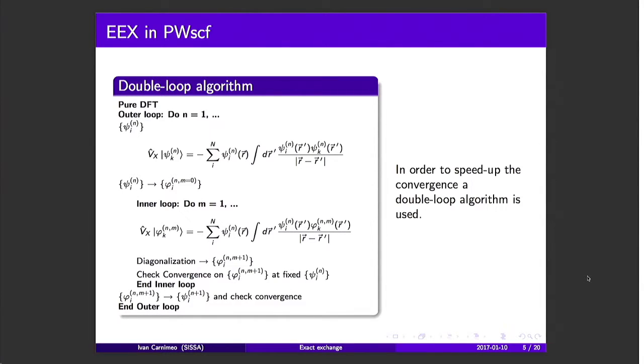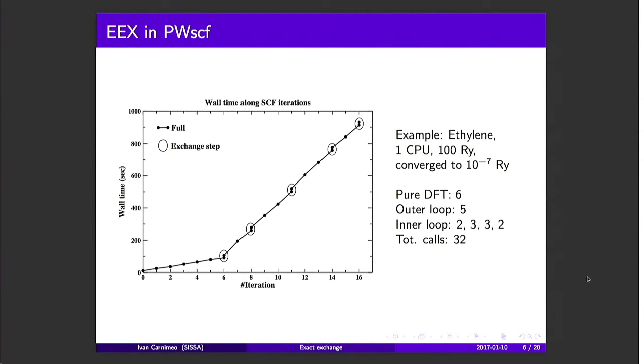So the number of times we have to call the subroutine which makes the exchange potential is more than just the sum of outer and inner loop, because we need to assemble the exchange potential when we want to evaluate the energies, so in the outer and in the inner loop, but also in the diagonalization of the Kohn-Sham operator. So in this case, we called that subroutine 32 times, which is more than the sum of these. So it is more than just the times that we need for evaluating the energy.